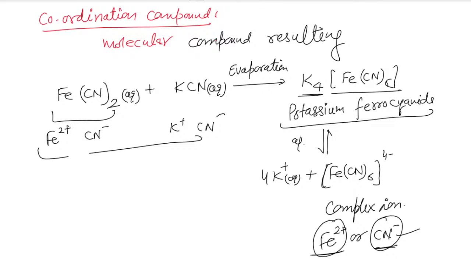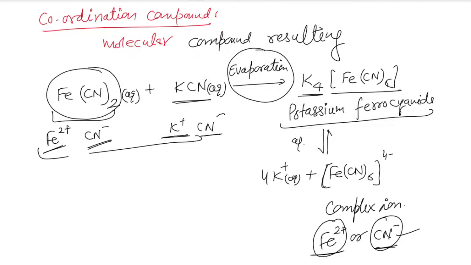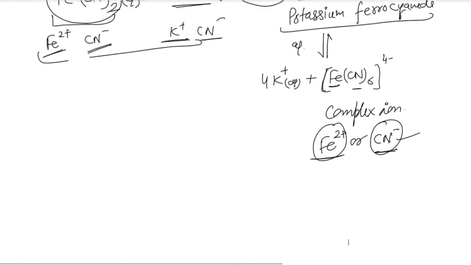Potassium ferrocyanide is used to test the presence of Fe3+ ion in a mixture. If we have ferrous cyanide, it will give the test of Fe2+ and cyanide ion. If we have potassium cyanide, it will give the test of potassium ion and cyanide ion. But when they are mixed and evaporated to dryness, we get this compound, which will not give the test of Fe2+ or cyanide ion. Why? Because it forms a complex ion.